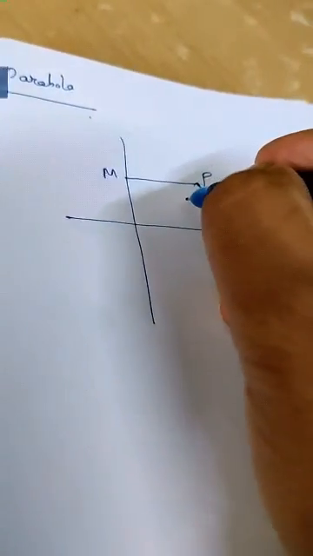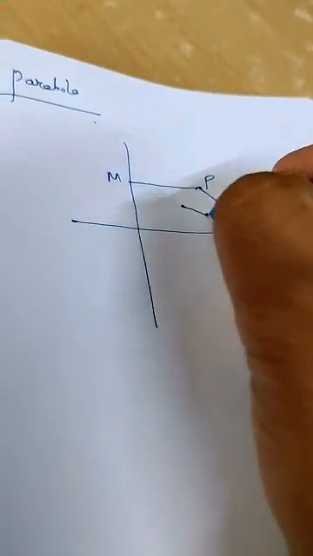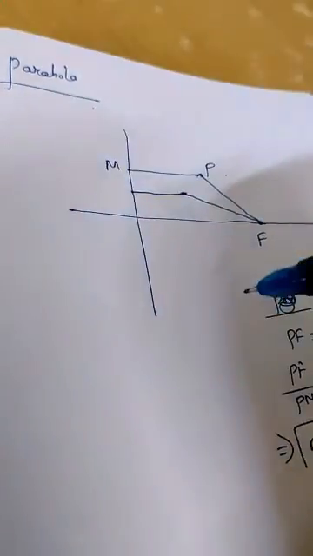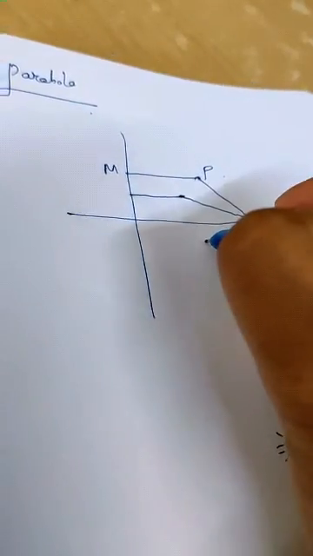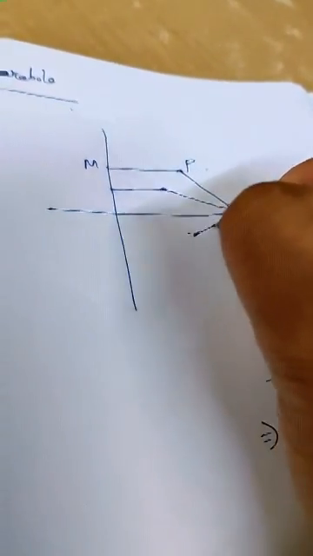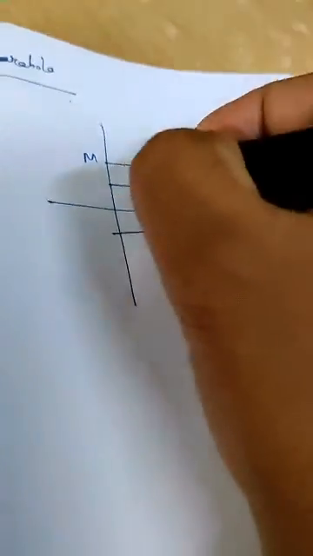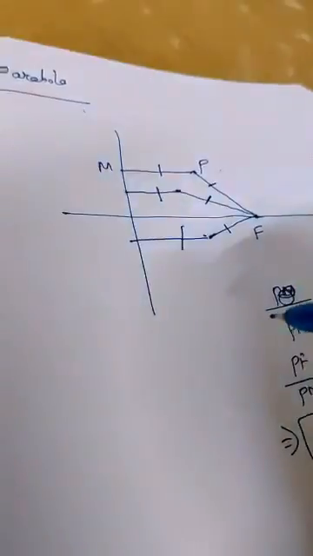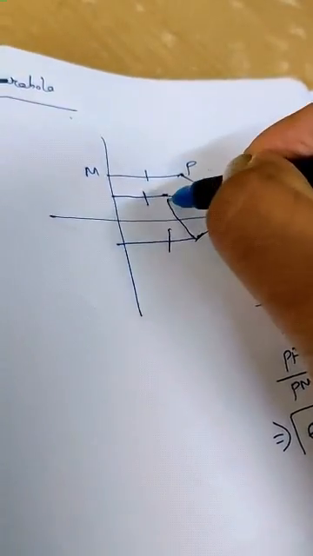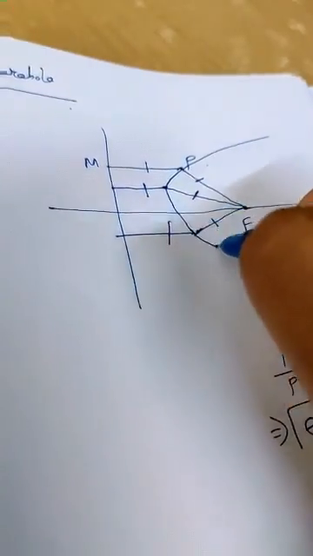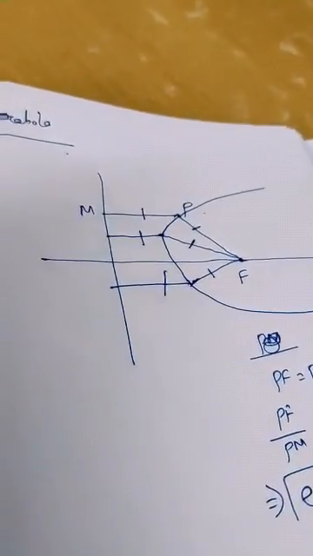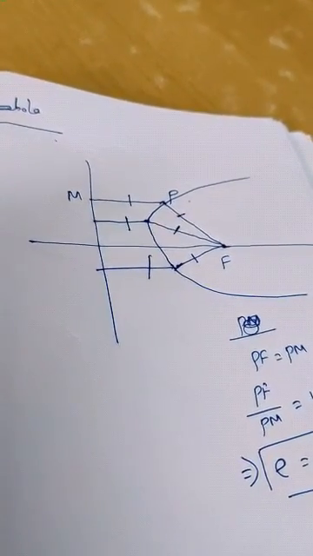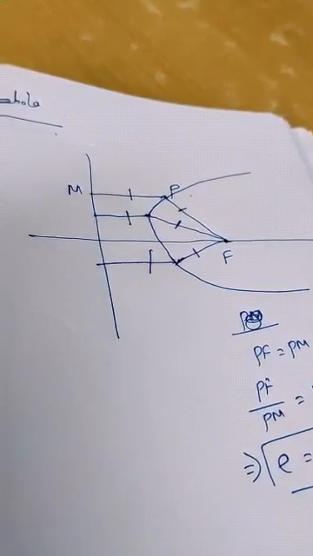Now this is one point. You take another point. This distance is the same. Take another point here. This distance is the same. Now if you collect all these points, a figure you will get. That figure is nothing but the parabola.